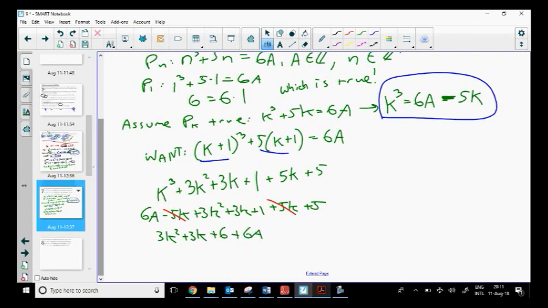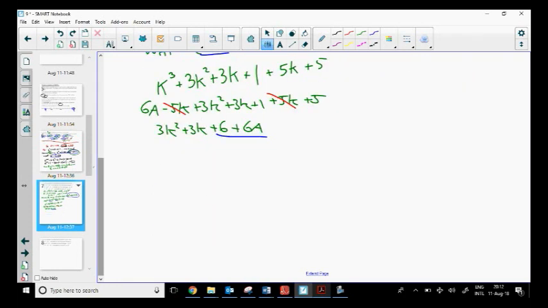plus 6a. And I need to show that this is divisible by 6. Obviously, these two terms are divisible by 6, but is 3k squared plus 3k also divisible by 6? That's not as obvious. Well, let's see.